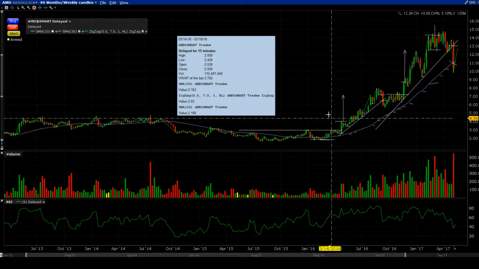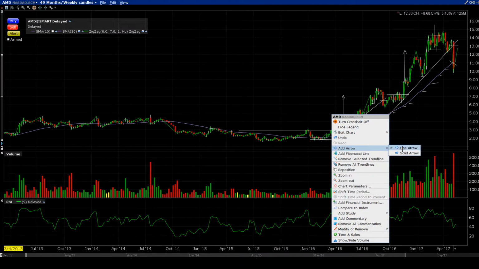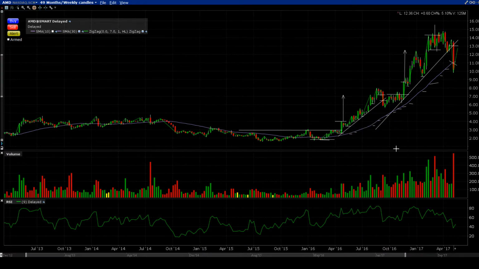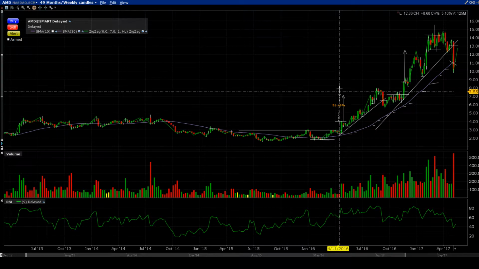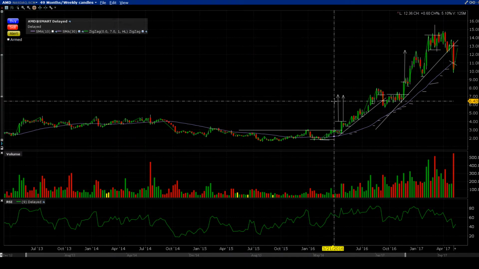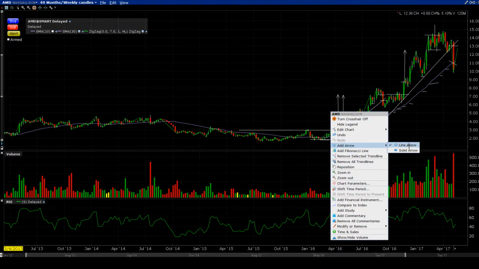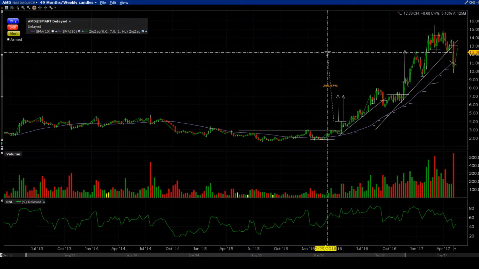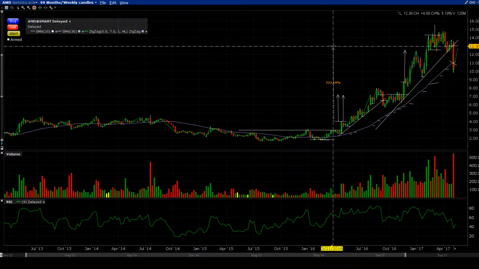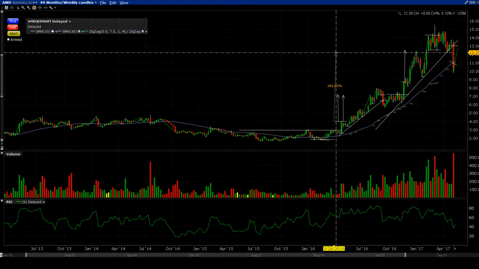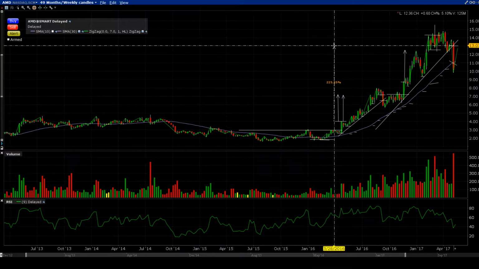So let's do the final tally for the investors. Add arrow. And here's the investor's half the position here with the traders. And half the position right here. And we broke the trend line.